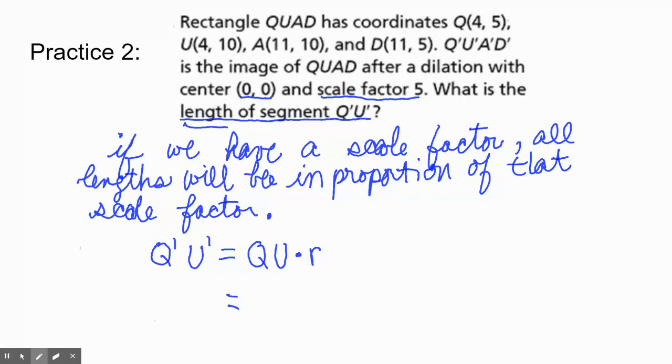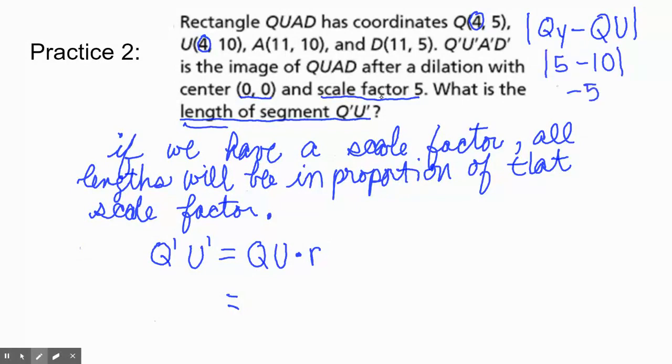let's do this over here. Q and U are along the same x coordinates. So the difference is going to be in the y coordinates. So we're going to take the y of Q, and do the absolute value of this minus the y of U. And that will give us our length. So 5 minus 10, but we're going to take absolute value because it's length.